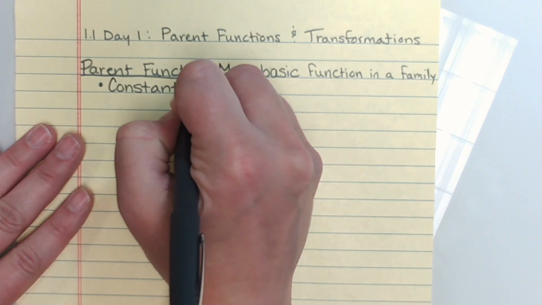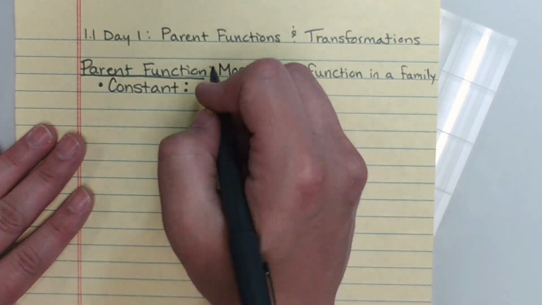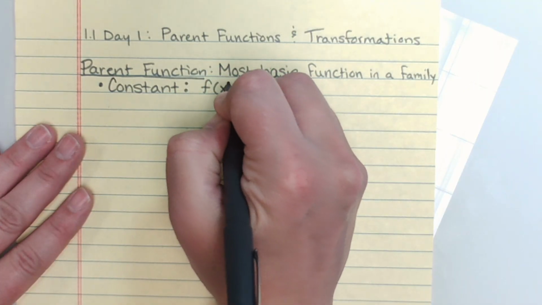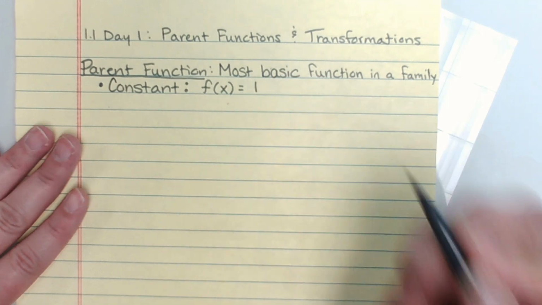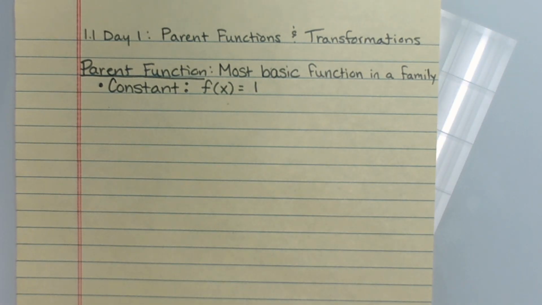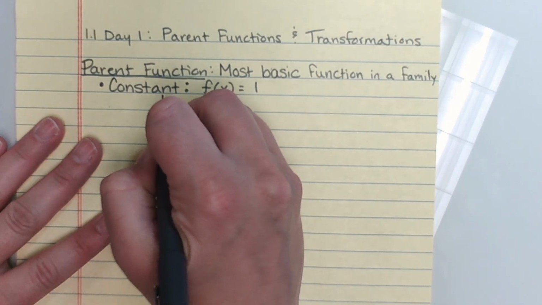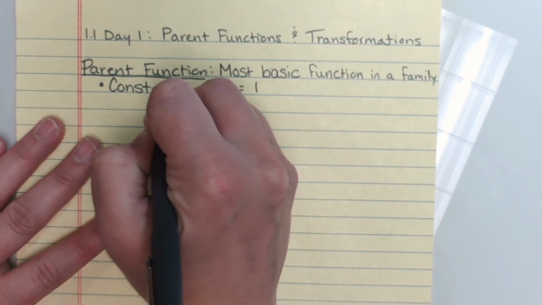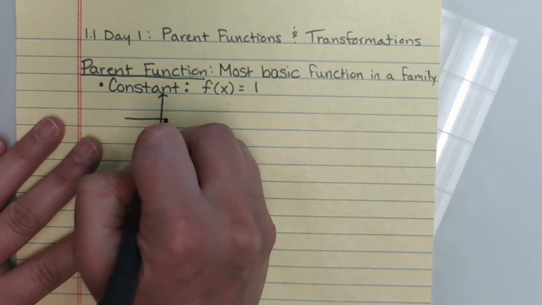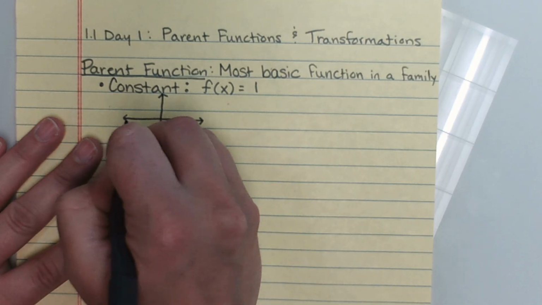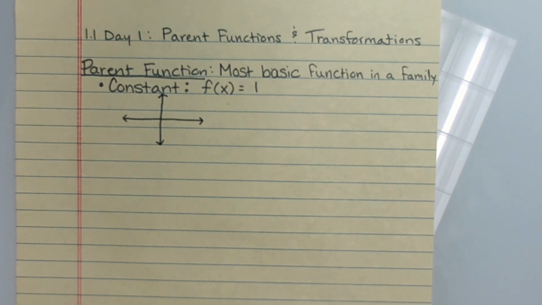Constant was one of the families, and its parent function, its most basic function, is f of x is equal to 1. Do we recall what a constant function's graph looks like? That horizontal line was the constant function. So, the parent function, f of x is equal to 1, happens where?